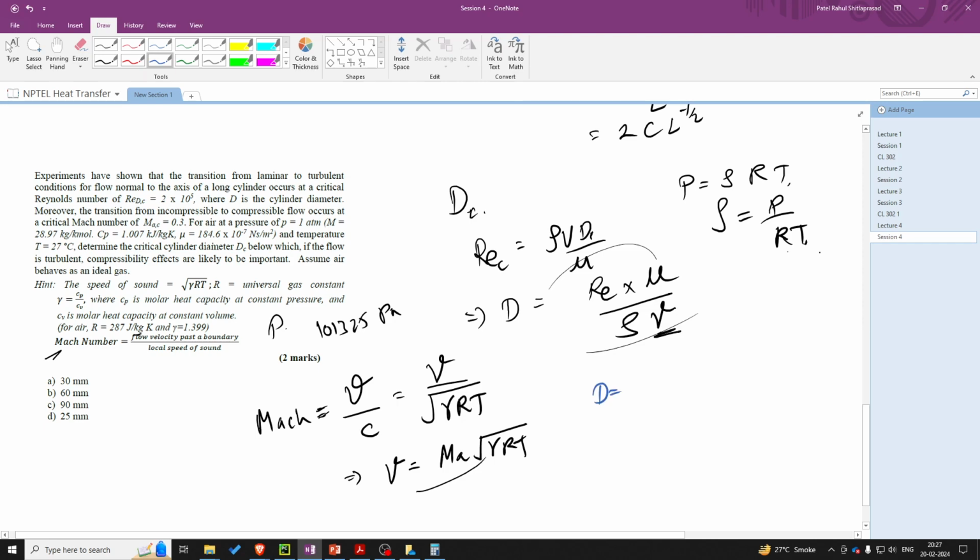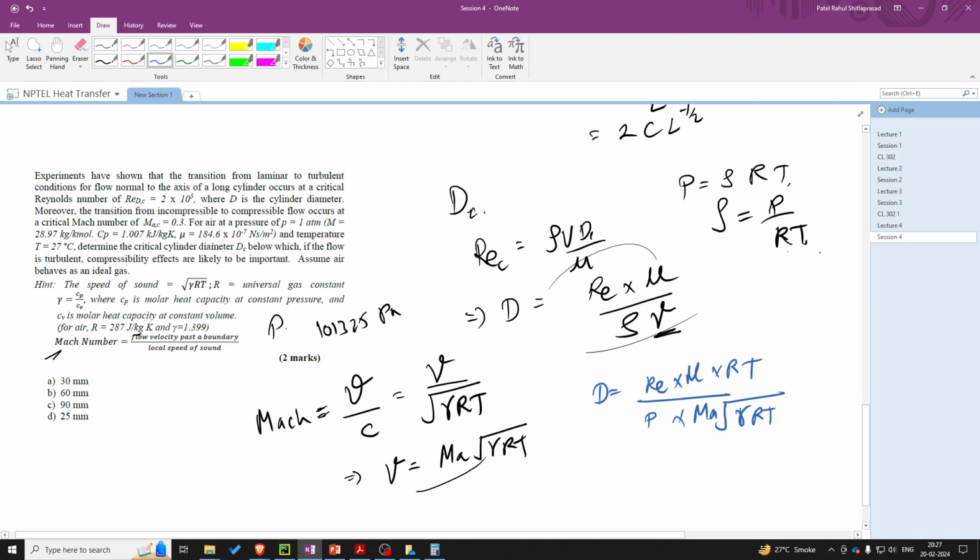So you will be getting diameter is equal to Reynolds number into mu upon rho, where rho is P upon RT, and velocity is Mach number into root of gamma RT.